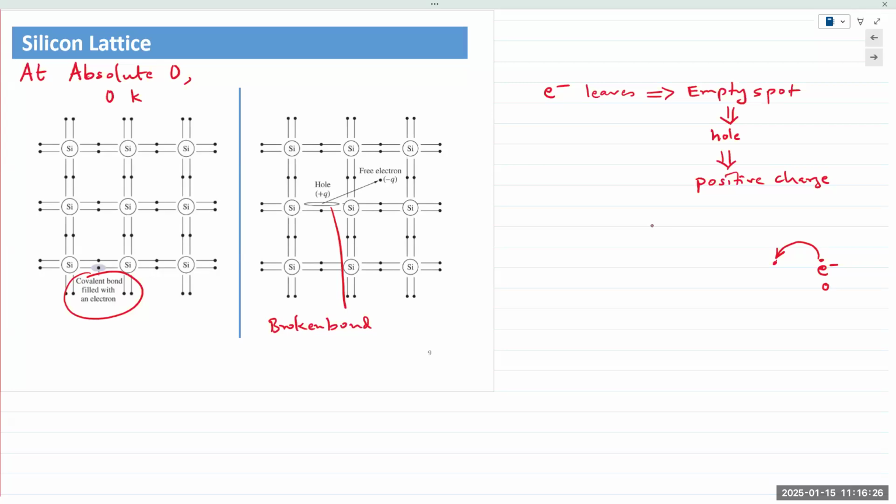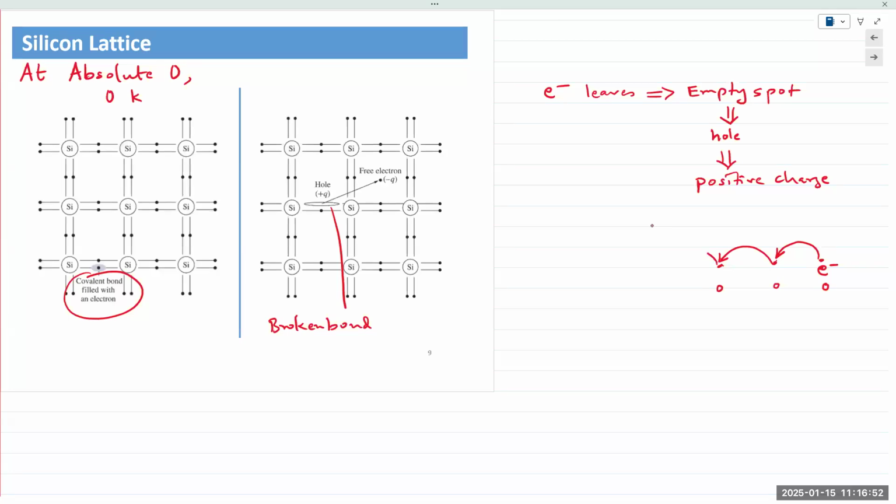The electron moves here, into an empty spot left behind by some other electron. Then it could move to another spot. I'm drawing this in one row, with electrons moving linearly, but inside a silicon lattice structure it could be random. The movement could be up, down, left, right, any direction.